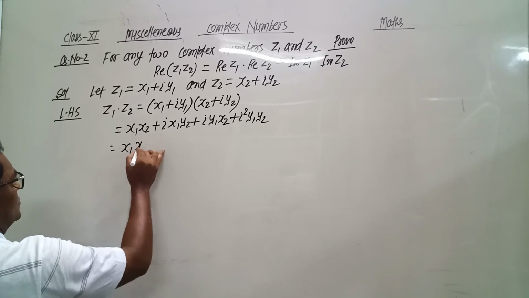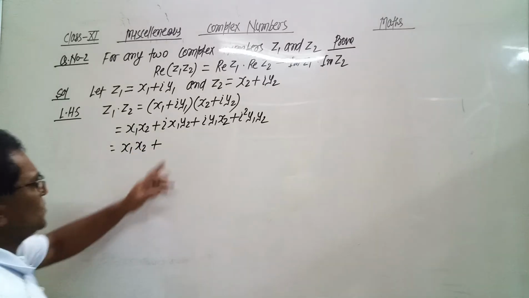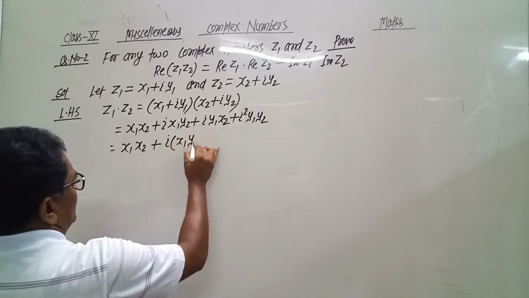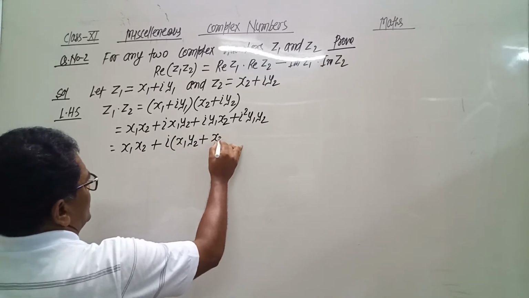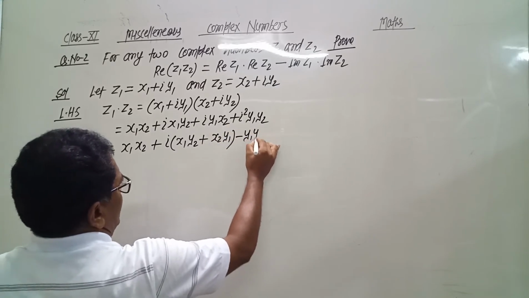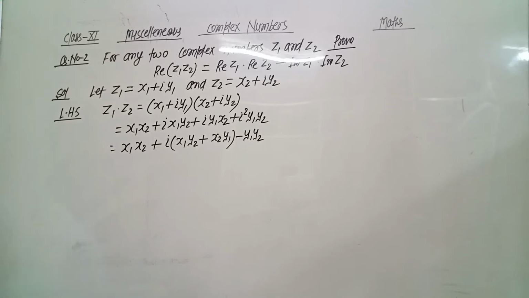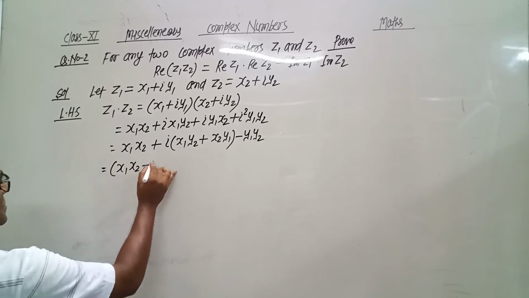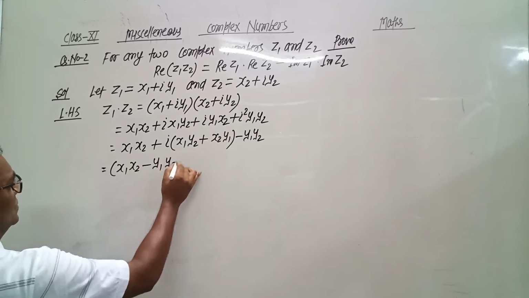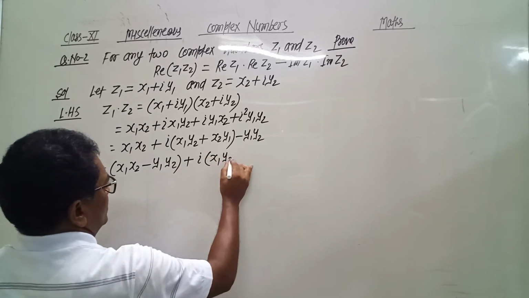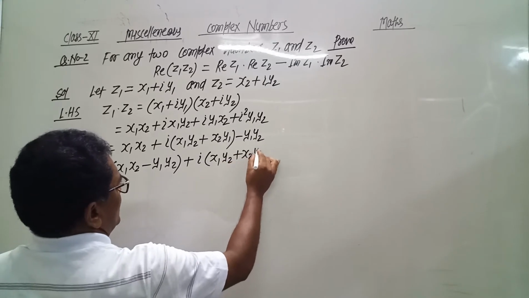Then x1 x2 plus, from both the terms i is taken common, i(x1 y2 + x2 y1), and here i^2 is minus 1, so it gives minus y1 y2. Now the real parts will be taken together: x1 x2 minus y1 y2 plus i(x1 y2 + x2 y1).